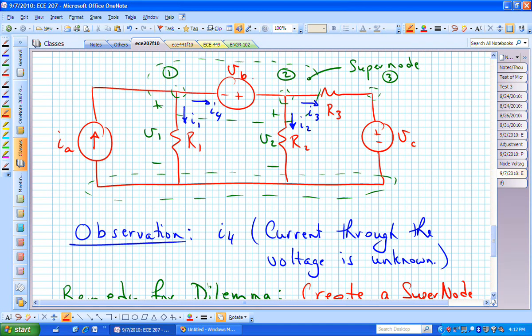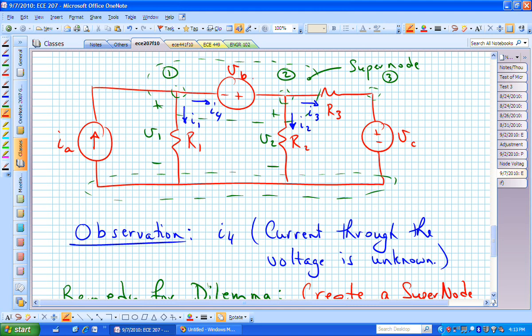And now what you need to do, you've told me I've just written one equation. By making this supernode, I've actually eliminated, in this case, one equation. Normally you would write a KCL at node 1, a KCL at node 2. There were my 2 equations. Now I've combined those into one supernode, and now I just have one equation.